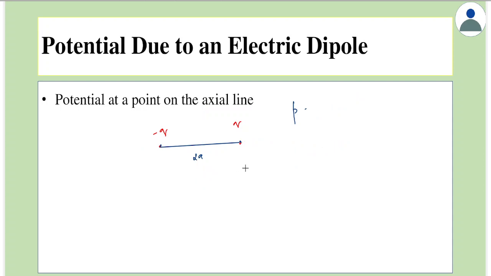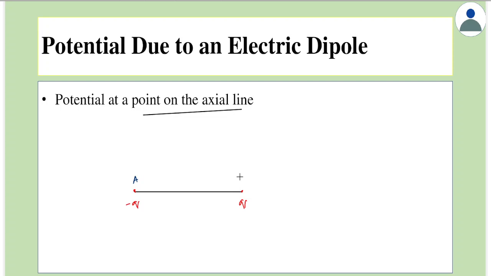So first thing is we'll find out the electric potential at a point on the axial line. To understand this, let's consider a dipole where there are two charges called as minus q and plus q, and let the points be called as point A and then point B. Let the distance of the point, say point P, where we should find the potential, be at a distance of r from center of dipole.